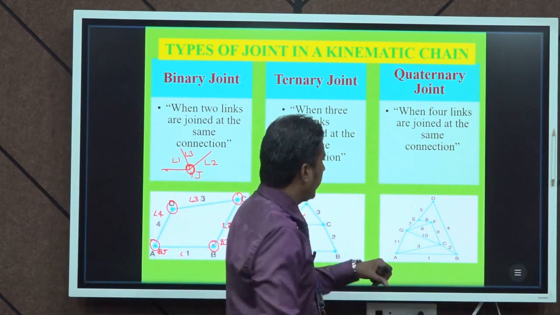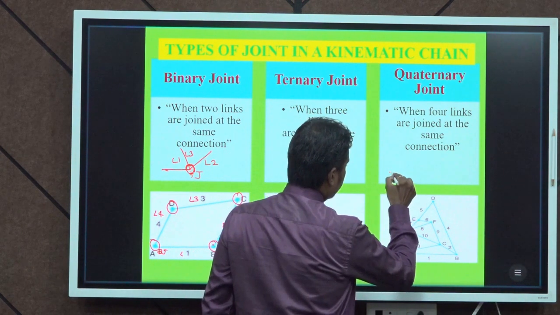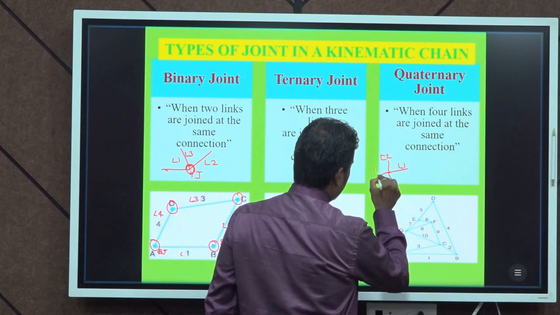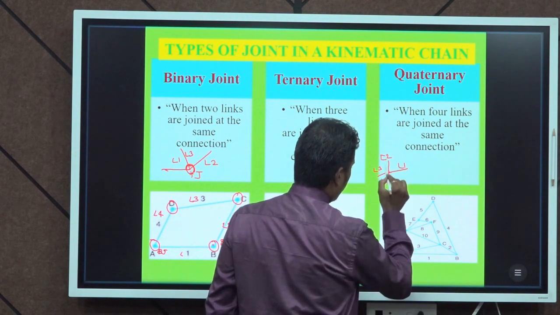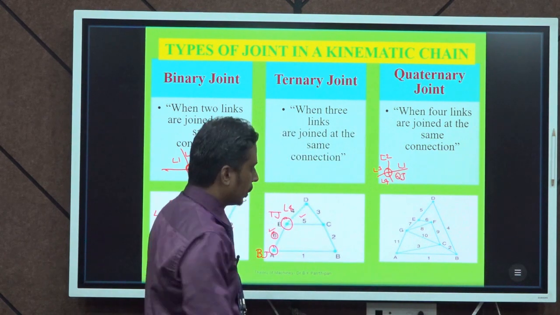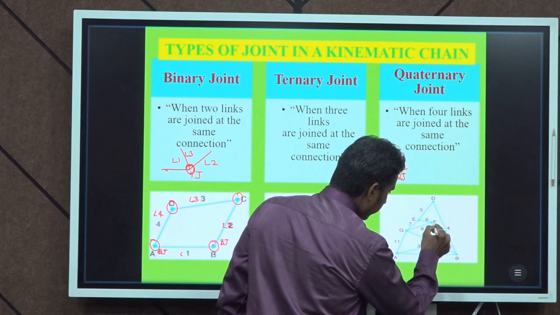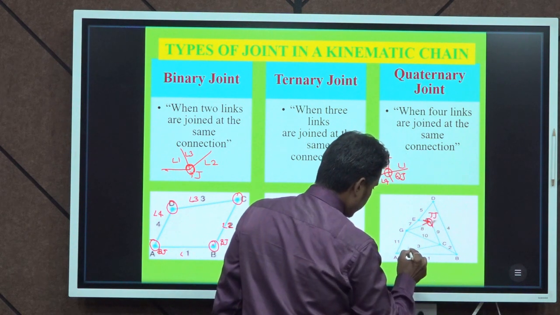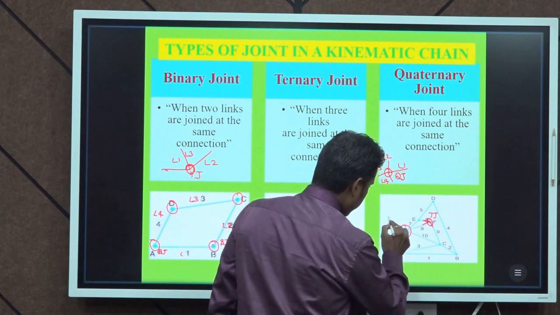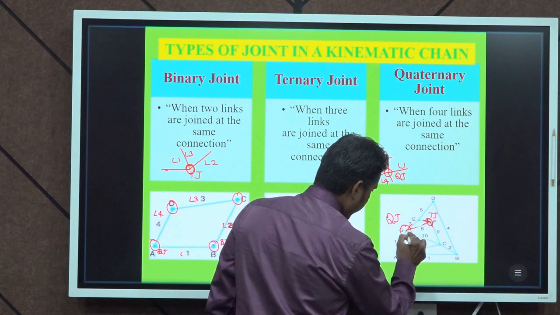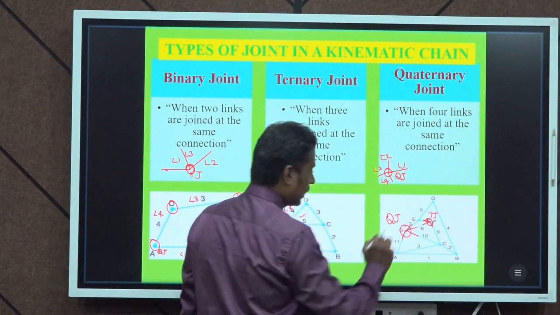Similarly, when 4 links are combined, this is link 1, let it be link 2, let it be link 3, let it be link 4, then this connection is said to be quaternary joint. So, in this diagram, this is a ternary joint, whereas point G is a quaternary joint because link 7, 8, 10 and 11, 4 links are connected.